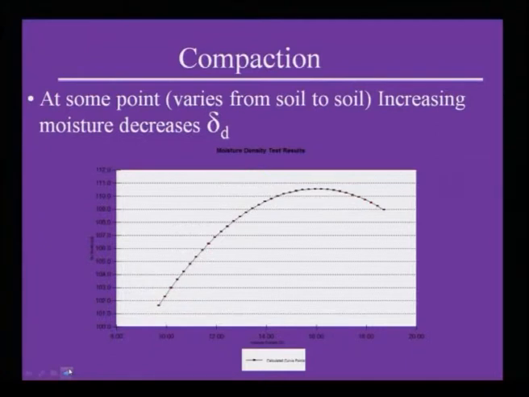That means by adding water in the soil, the dry density increases up to a certain point; beyond that, even if you add water, the dry density will decrease.